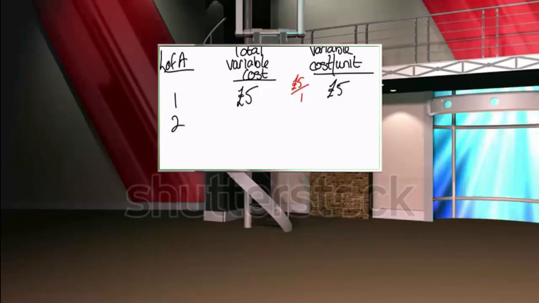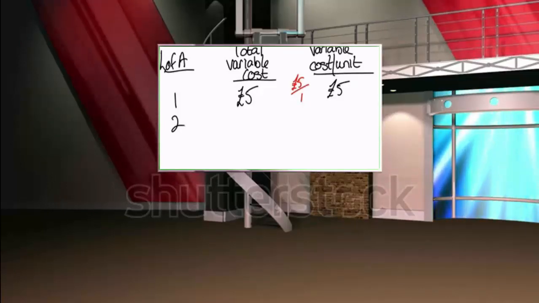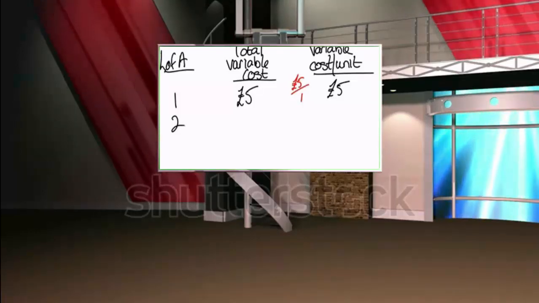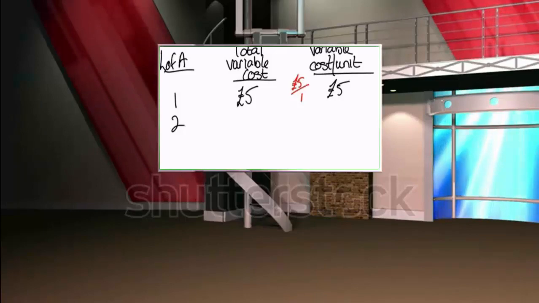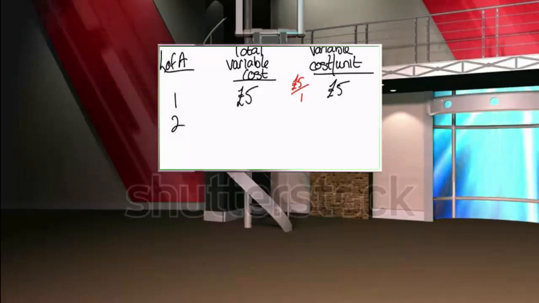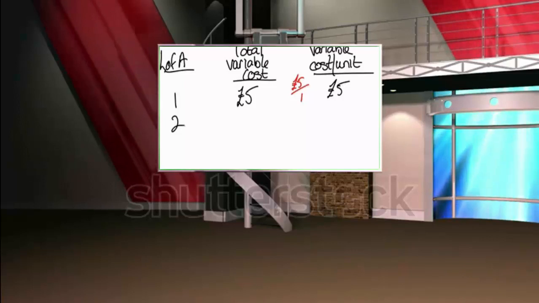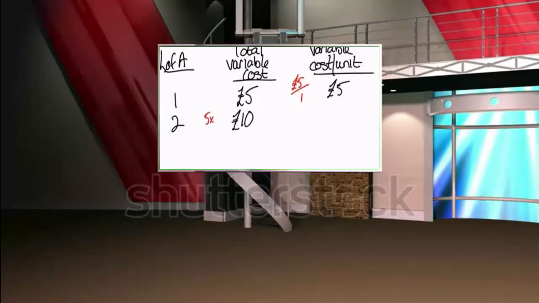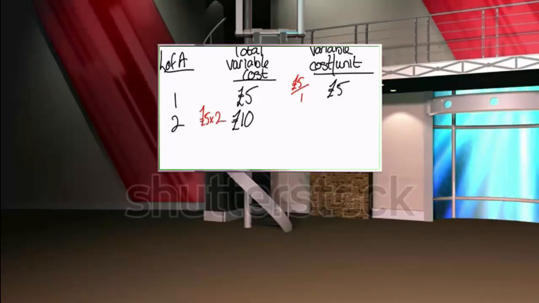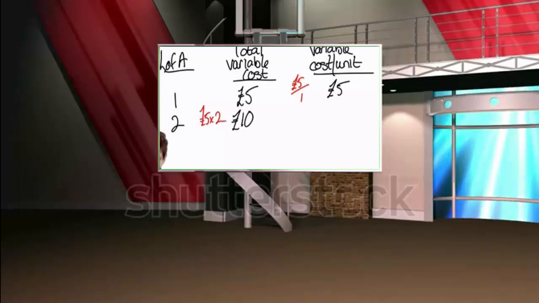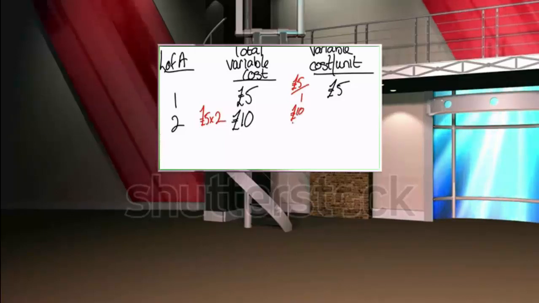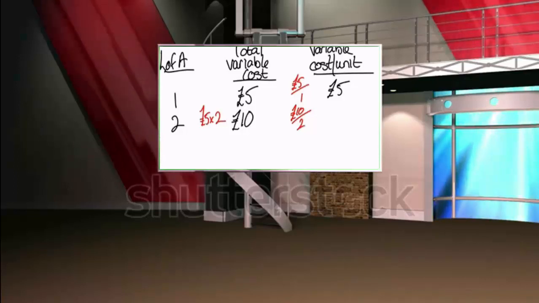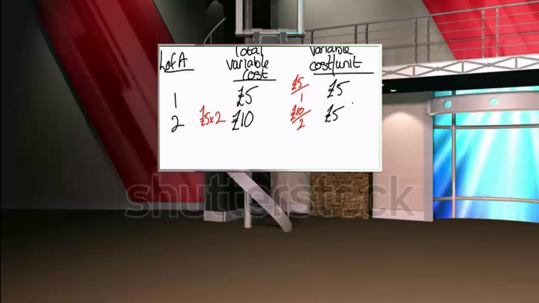Now we have doubled our level of activity. If we double our level of activity, remember, our total variable cost is going to increase in proportion to level of activity. So if our activity has doubled, our total variable cost will also double. So it'll be £5 times 2. So if we calculate then our variable cost per unit as total variable cost divided by the number of units, we'll get 5.